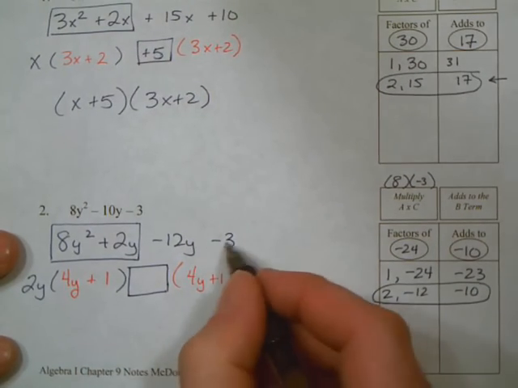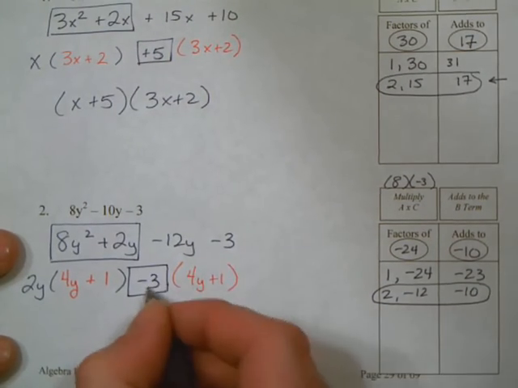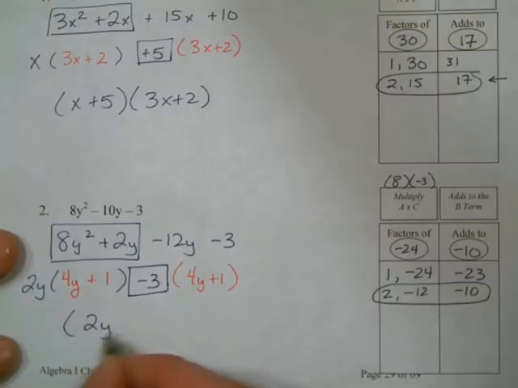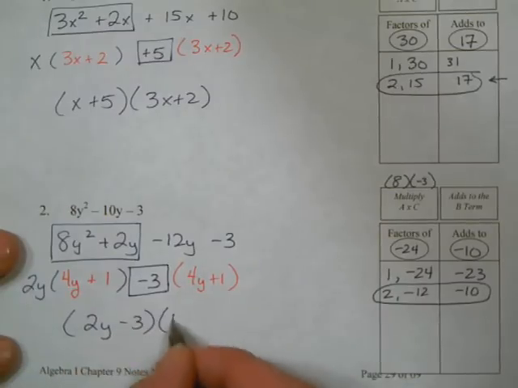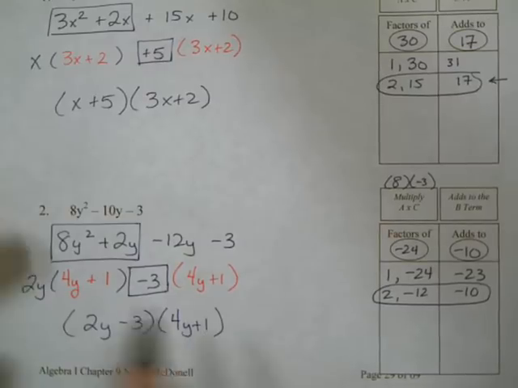We're going to put that 4y plus 1 at the back half, and we're going to ask ourselves that same question. What has to go in that box to make it work? Well, negative 3 divided by 1 is negative 3, which lets us write our answer, 2y minus 3 and 4y plus 1. This concludes our first part of this lesson of the MAC method.